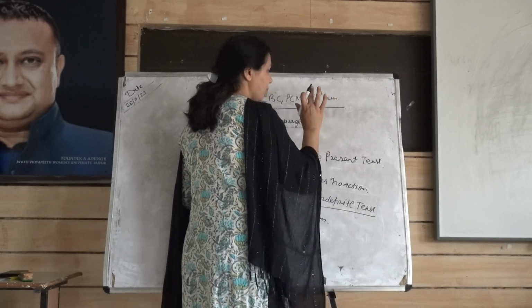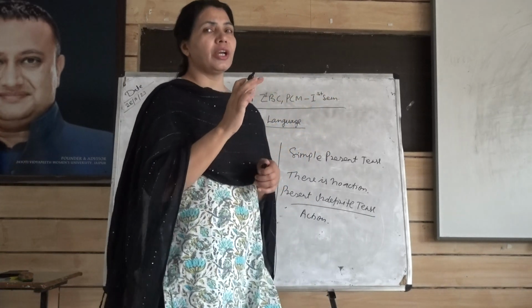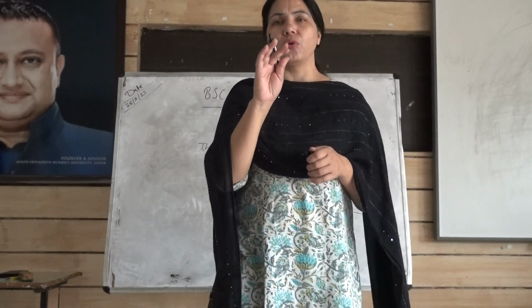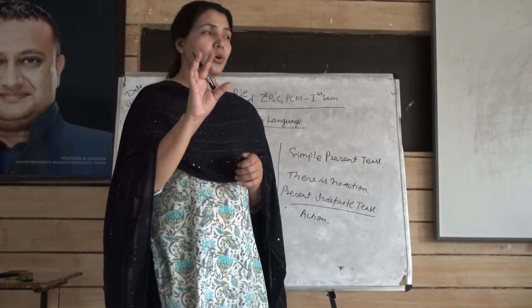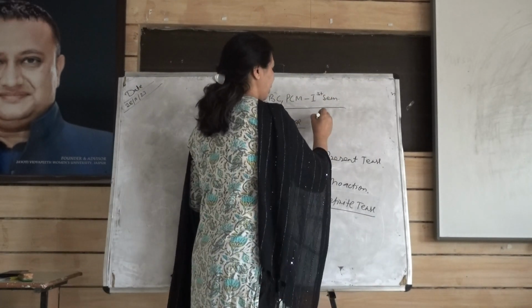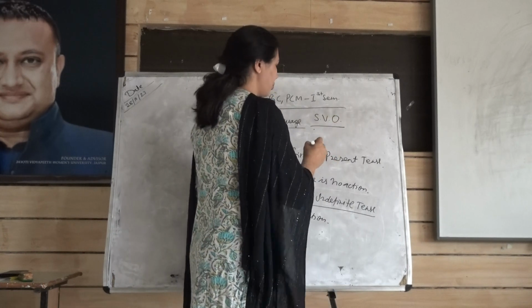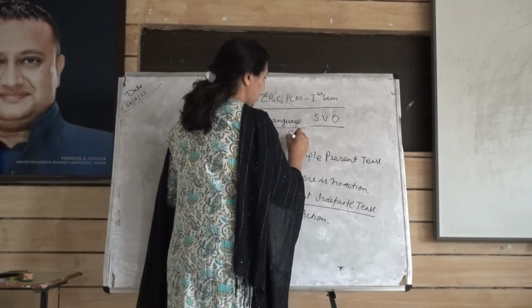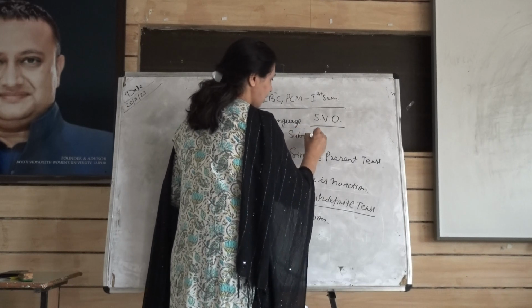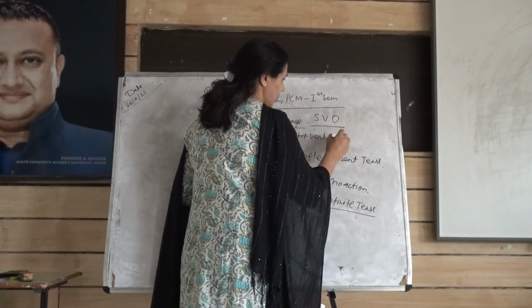So the basic rule of learning English is that you have to follow a concept. The concept over here to make English easier for you is subject, verb, object. You should make sure that whenever you are making a sentence, there is a subject, there is a verb, and there is an object.